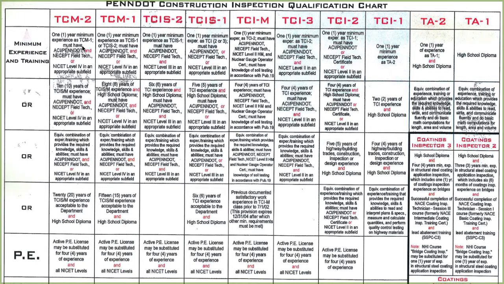Or you can have 10 years of TCM1 experience, and you must have an ACI PennDOT certification and a NECEP field technician certification, or a NECEP level 4 certification in the appropriate subfield.